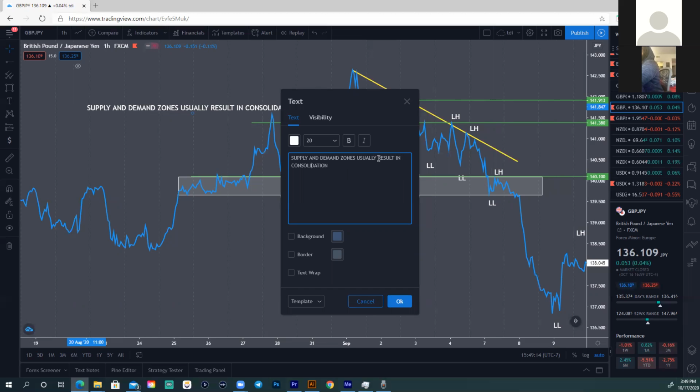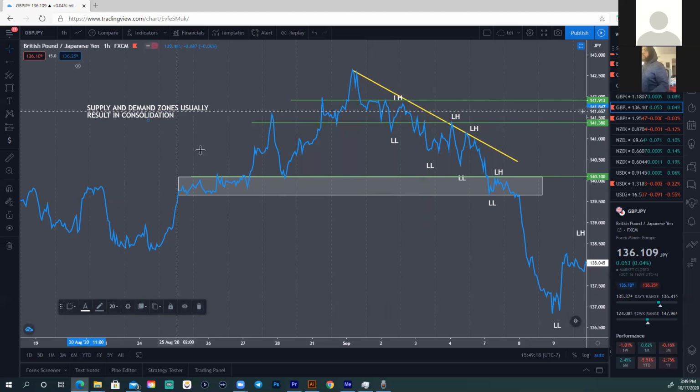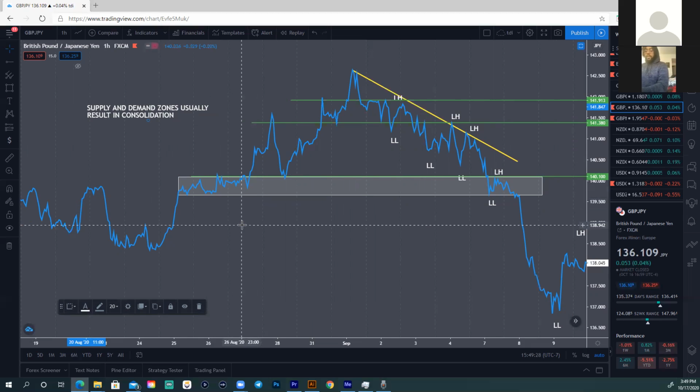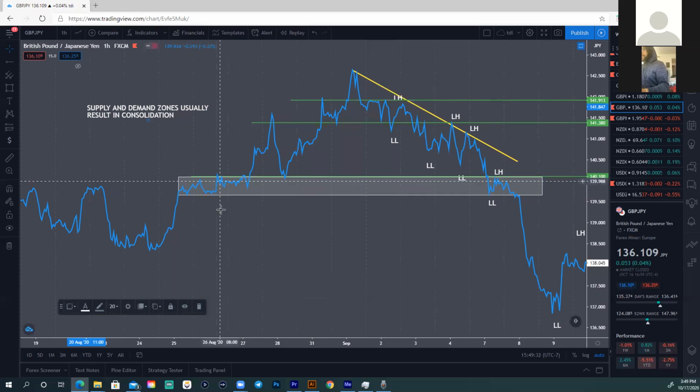Now, what does that mean for us? This means that you're not taking trades from consolidation. You're waiting for the continuation to either the upside or the downside based on your other confirmations as well as candlestick patterns. Okay. This right here tells you we're in consolidation, waiting for the move.